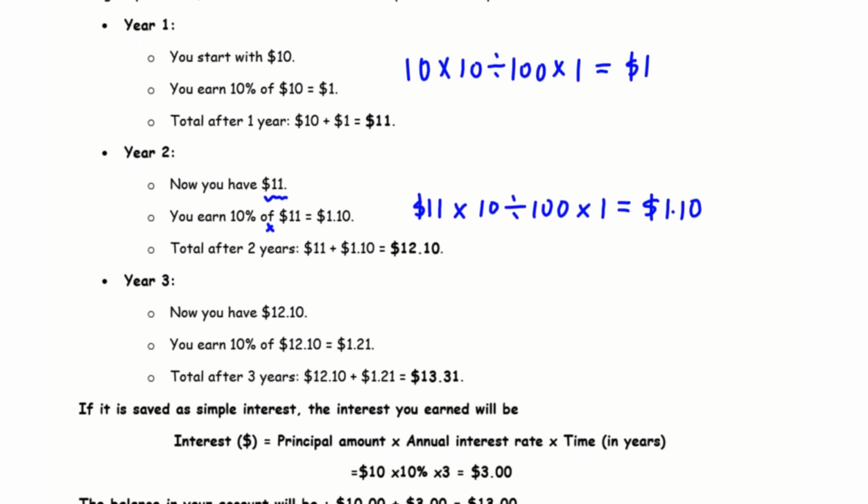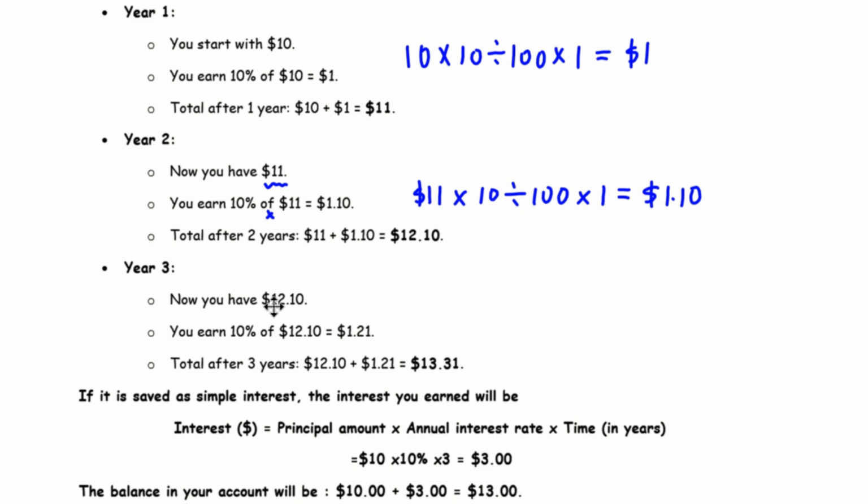Then in year 3, you start with $12.10, and the interest is 10% of that, $12.10 times 10%. 10% of something means multiplication, and you will have $1.21.